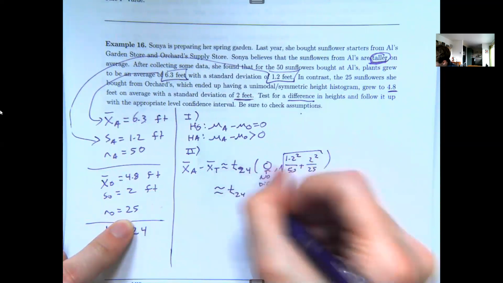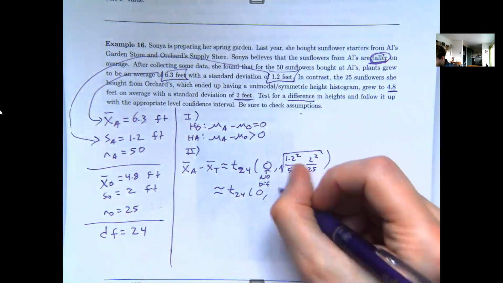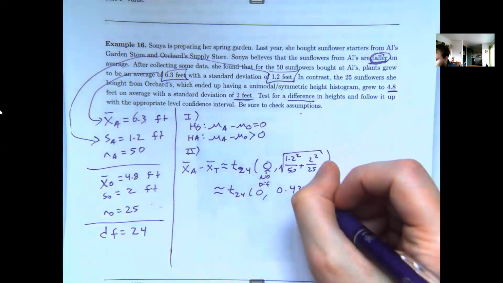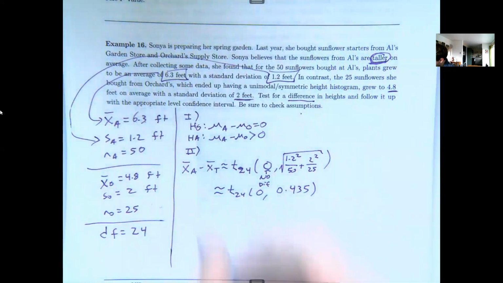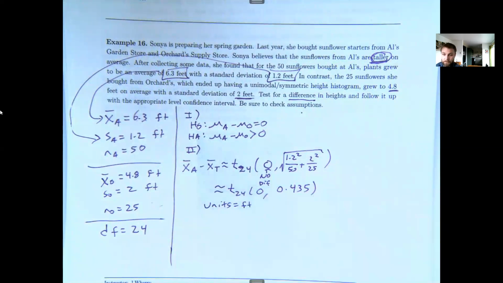T distribution, 24 is my degree of freedom. I'm typing that square root into my calculator and I'm going to see what I get. I have a standard deviation of 0.435 or so. The units for the problem are feet.